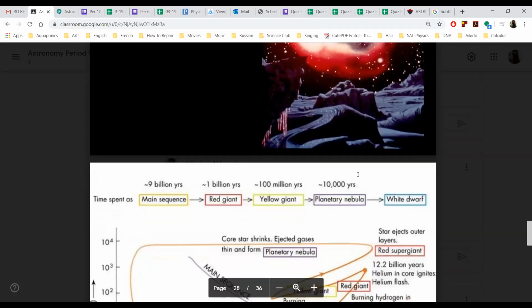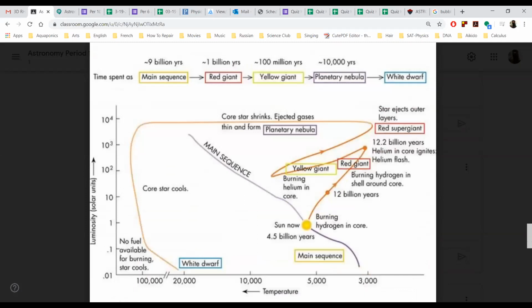So if you go to the next slide, 28, in that case, you will see that the star has now drifted away from the red supergiant phase and is forming a planetary nebula. So the top of the image shows you the ejected gases.